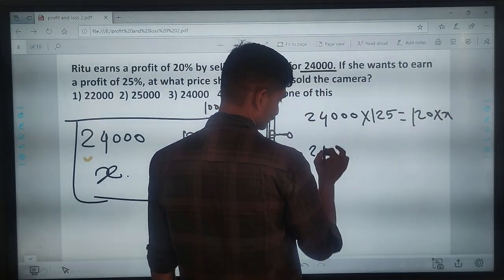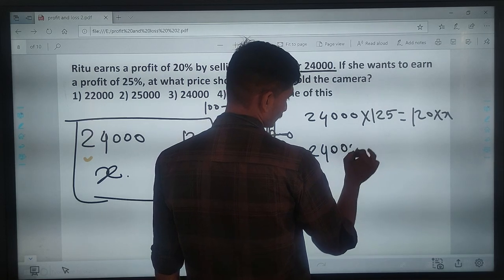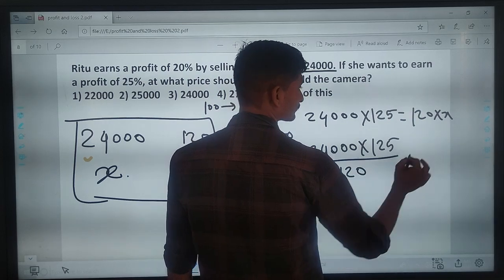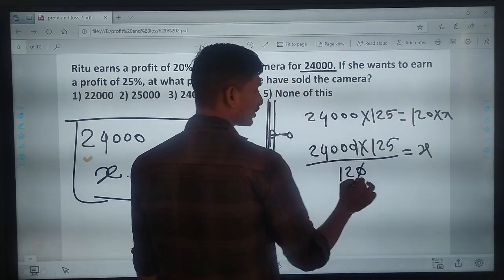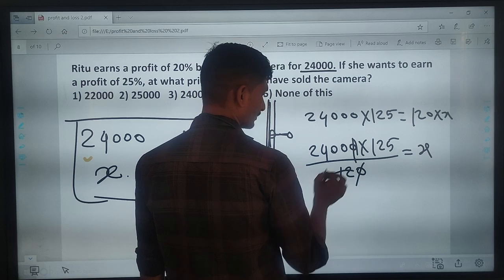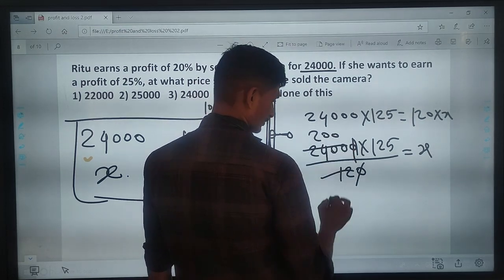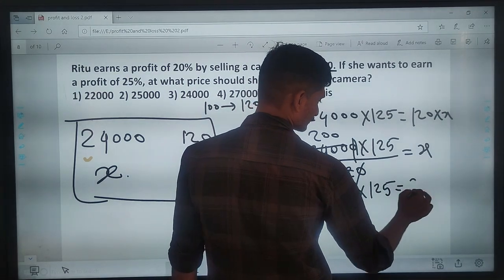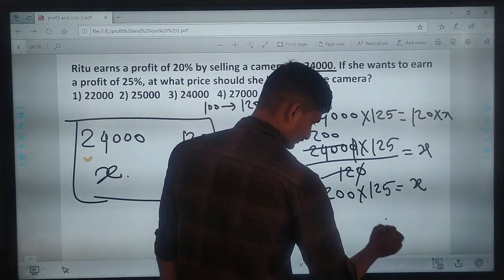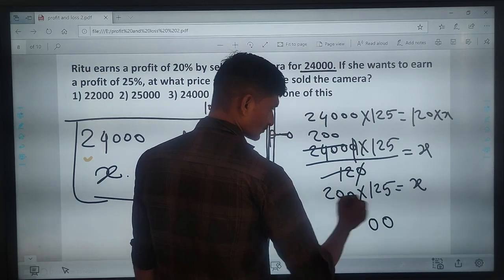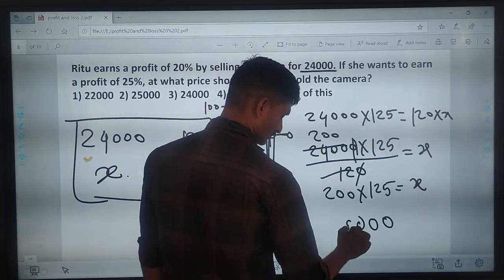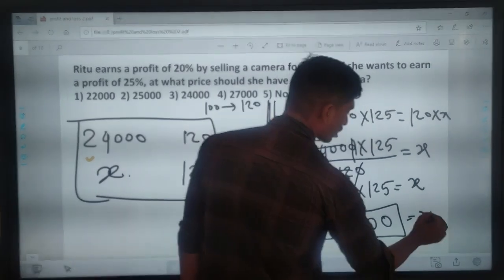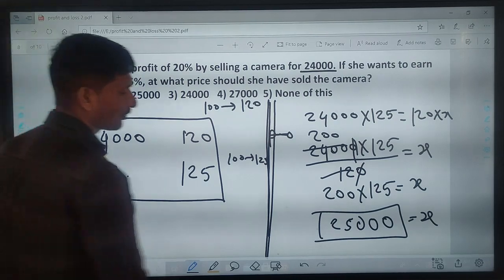Now a zero gets cancelled. Now your selling price of the camera is 24,500.